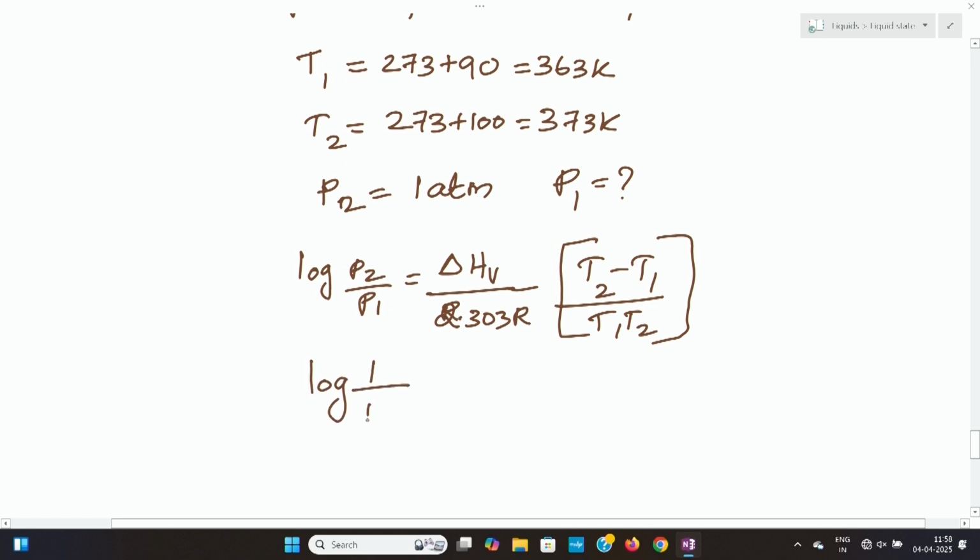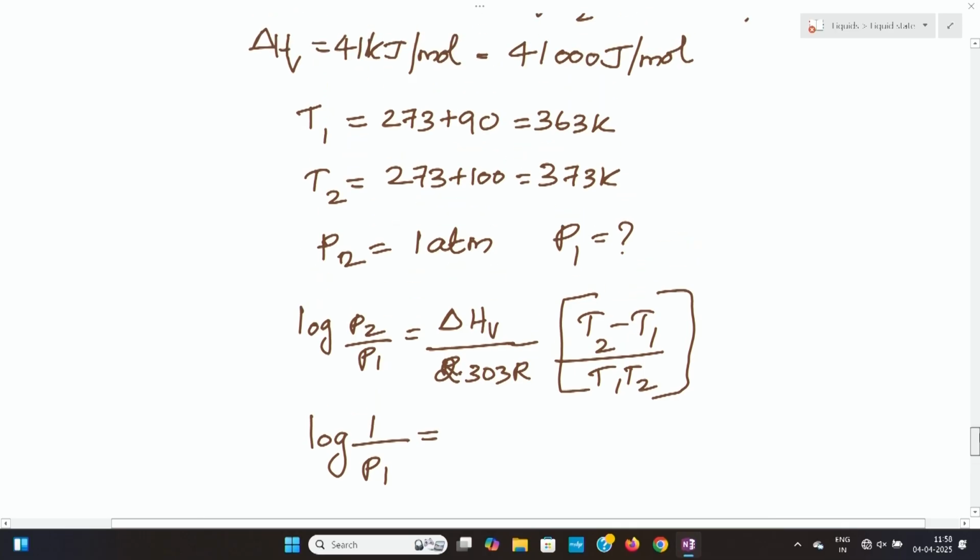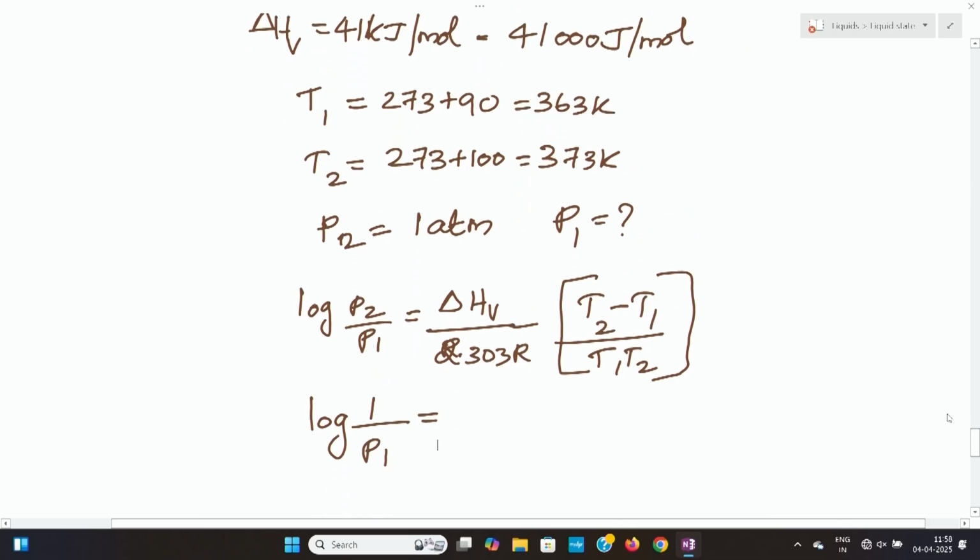P2 is 1, P1 we have to find out, and delta H vaporization is 41,000 joule per mole, and here 2.303 into 8.314 joule per Kelvin per mole.